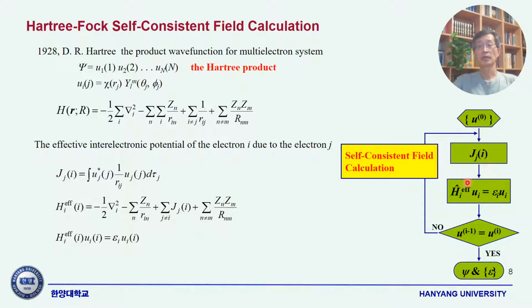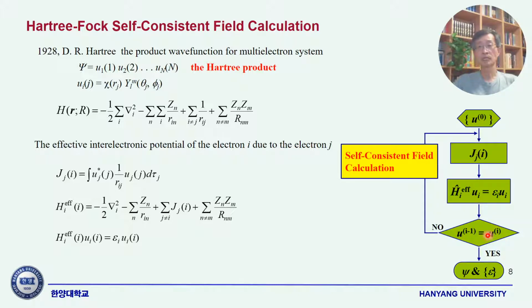With all the Jj's, for all j except electron i, you assemble this effective Hamiltonian and solve the effective Hamiltonian Schrodinger equation to obtain the orbital energy and the orbital. Then you do that for electron 1 through electron n and compare the previous ui to the current one.